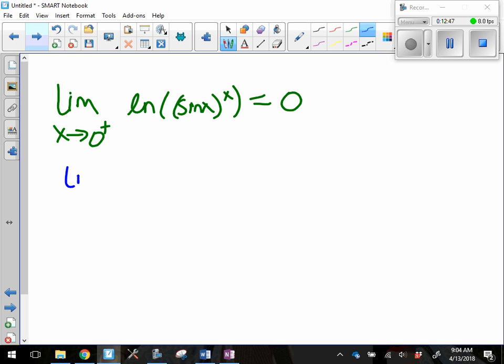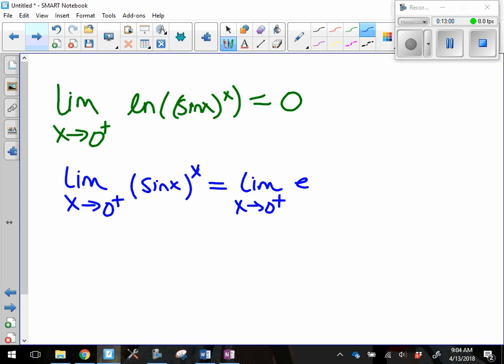What I really want is the limit as x goes to 0 from the positive side of sine x to the x, which I can rewrite as e to the natural log of sine x to the x. So that's going to give me e to the 0, which is equal to 1.